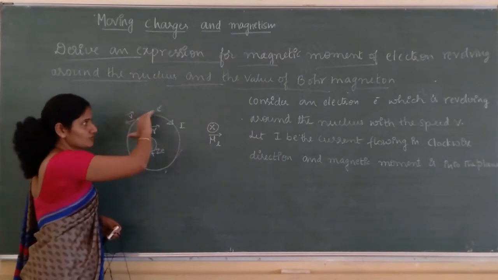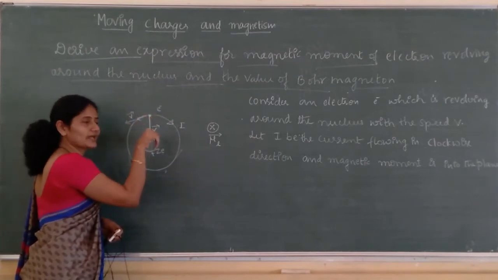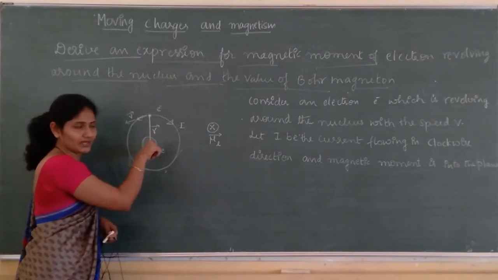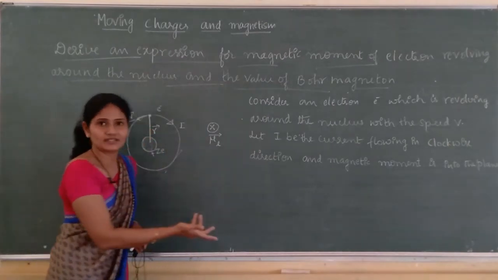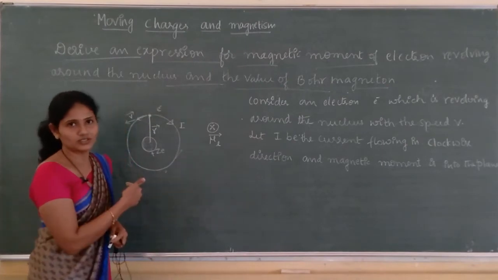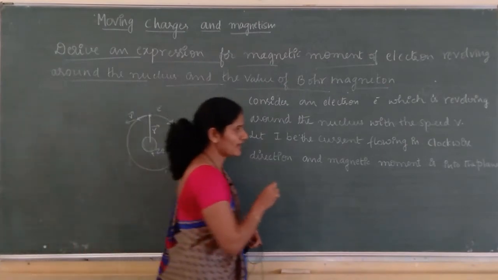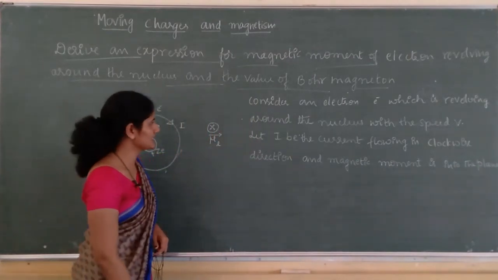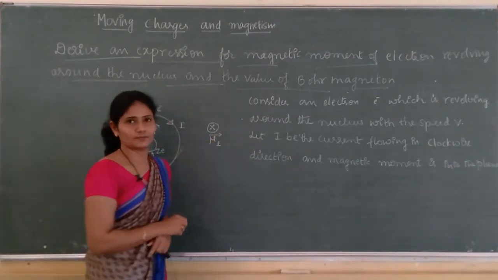That means magnetic moment mu L is also into the plane. So, magnetic moment is into the plane and it is represented by mu L.